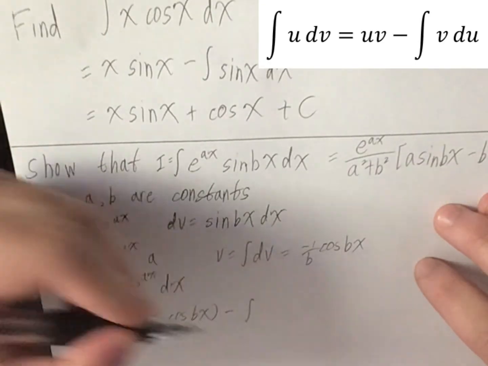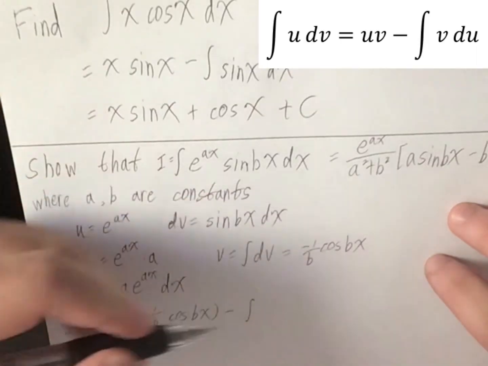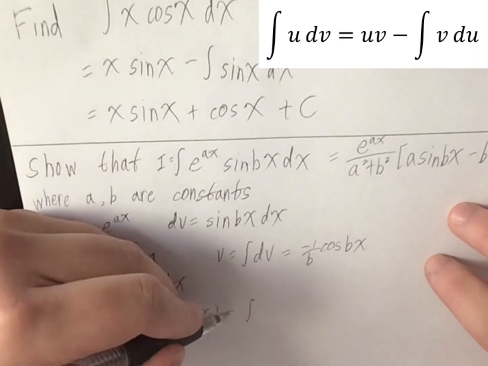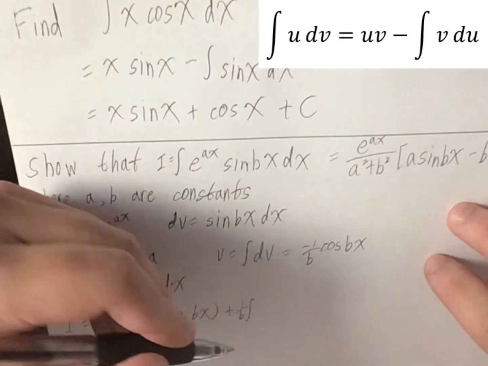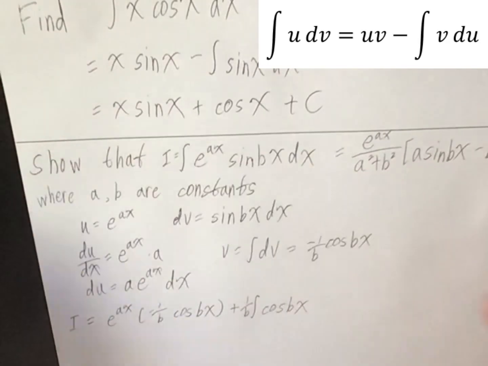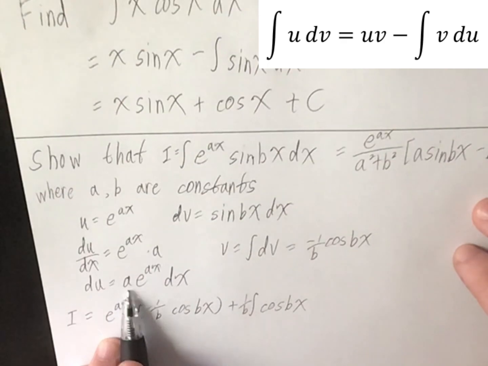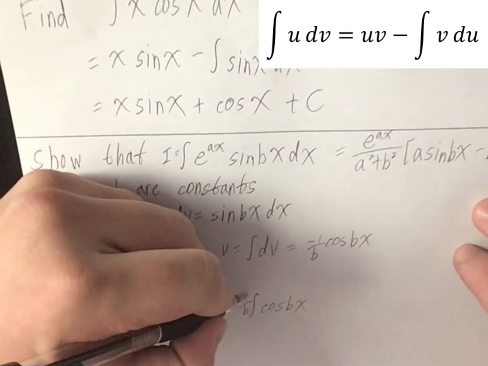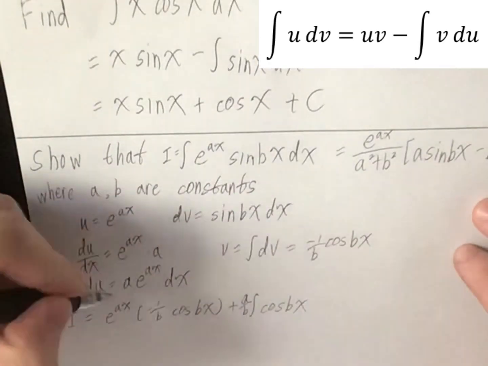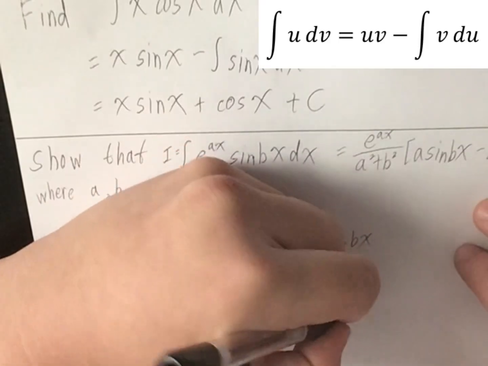I will pull this factor out in front, and the minus with this minus makes a plus, and 1 over b here, and we still have a cosine of bx here, and du is this thing. Because a is a constant, it doesn't affect integration, I will also put it out. So we have a over b times the integral of e to the power of ax cosine bx dx.